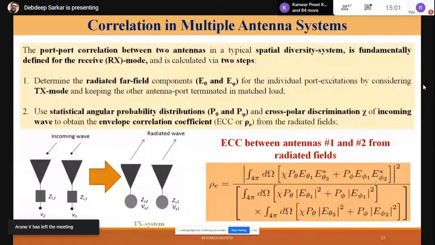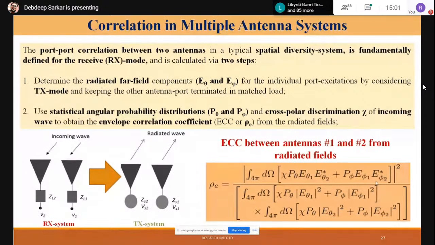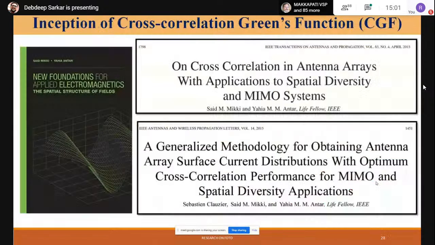But if you do not, if you want to keep your system in some indoor propagation scenario where Gaussian or Laplacian or other kinds of propagation environments are there, then the S parameter based formula will give you some correlation, but that correlation data will not be valid. So these are some of the research challenges that were posed: how to find the correlation over a wide frequency range if we are working in a non-uniform propagation scenario.